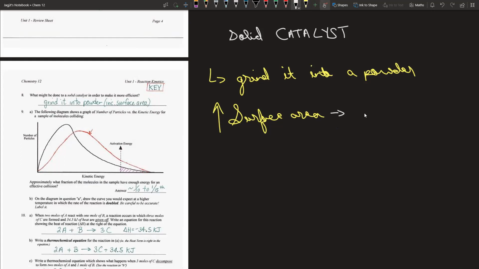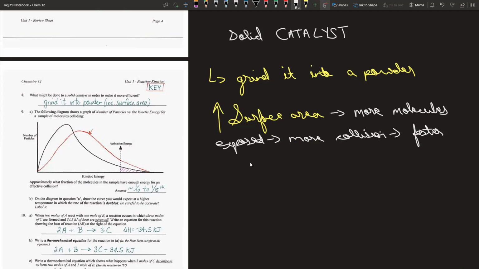It exposes more molecules, which allows for more collisions and a faster reaction rate. Do you understand that? So when you crush the chalk, even the inner molecules get exposed. So there's more collisions that can happen, and that speeds up the reaction as well.